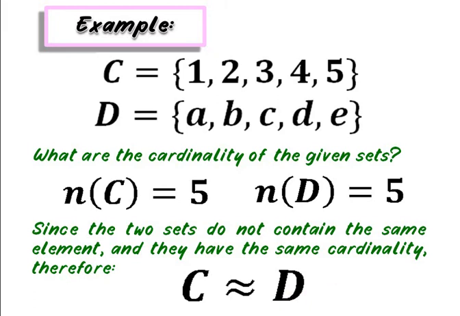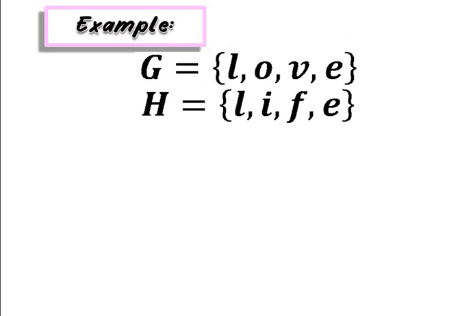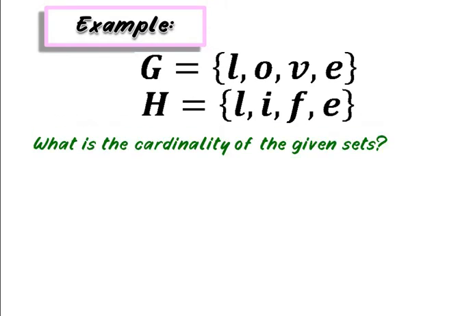Let's have another example. Set G is equal to {L, O, V, E} and set H is equal to {L, I, F, E}. Are the two sets equivalent? To identify if the two sets are equivalent, let's determine its cardinality. What is the cardinality of the given sets? Great!